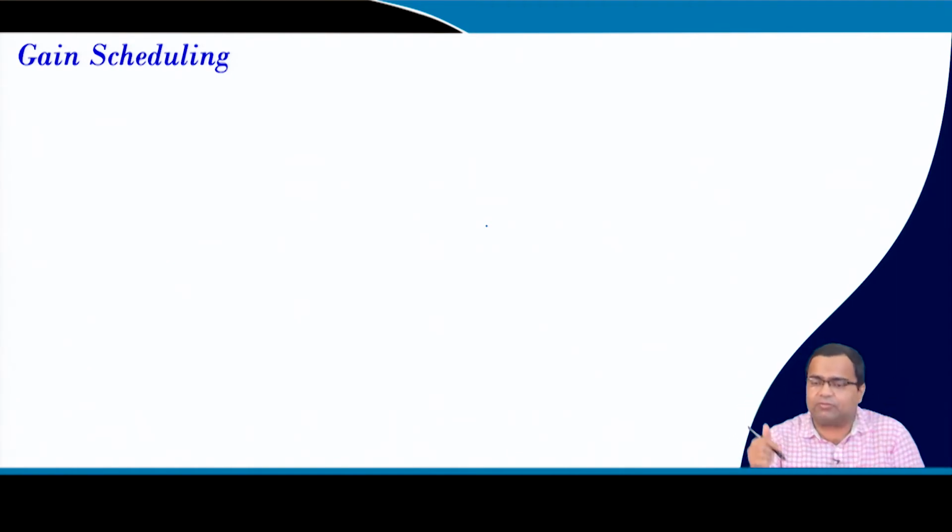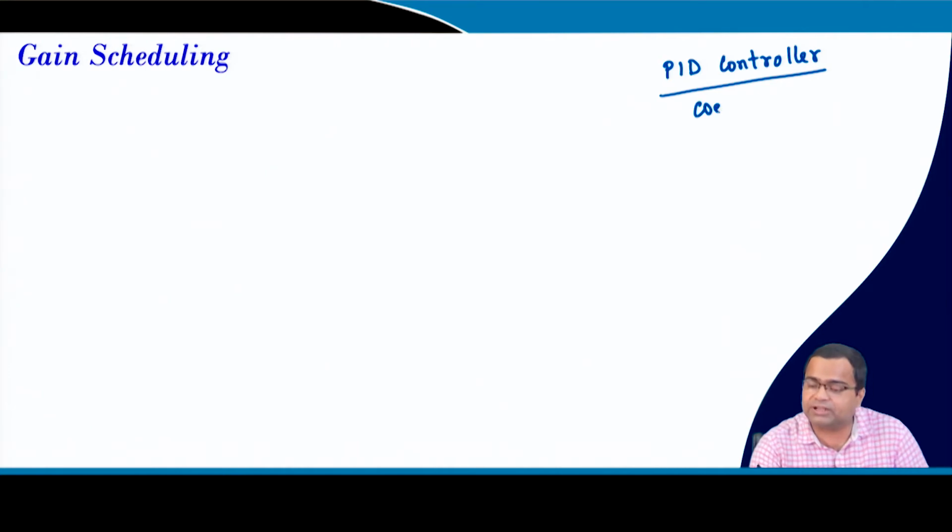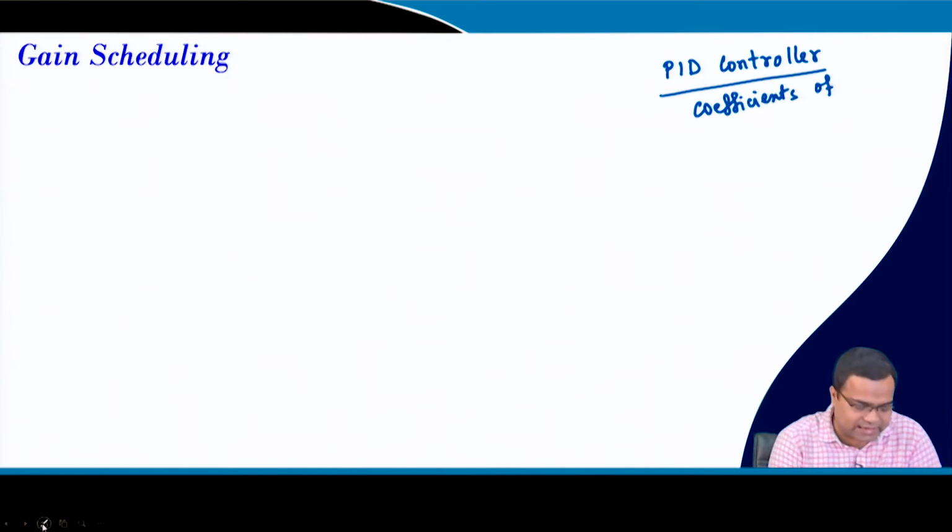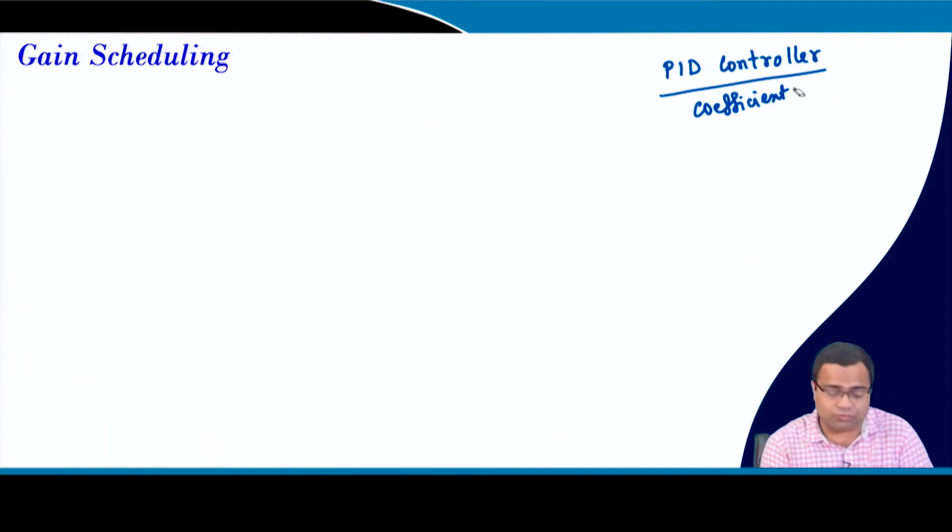So, there are two ways. We can still use a PID controller throughout, but the coefficients of this PID controller should vary.